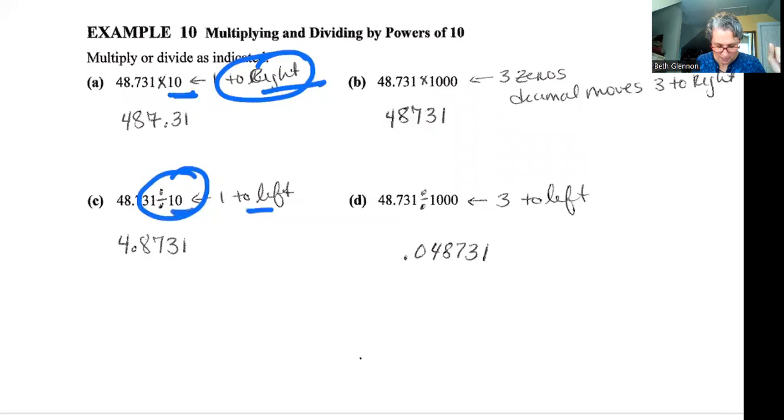Every time I divide by 10, it's going to get smaller. Okay, so it makes sense. If I have a candy bar and I divide it into 10 pieces, I'm going to have a small piece. But if I have a candy bar and I multiply it by 10, ooh, that's a lot of candy for me. It's a lot of chocolate. So it's obviously going to be a bigger number there. So you're going to move it there.